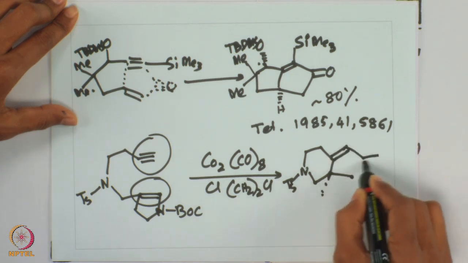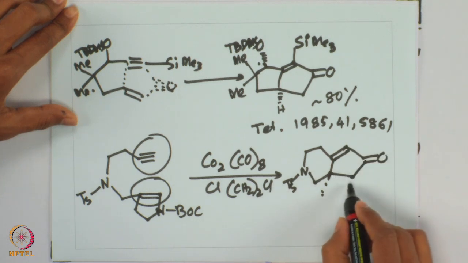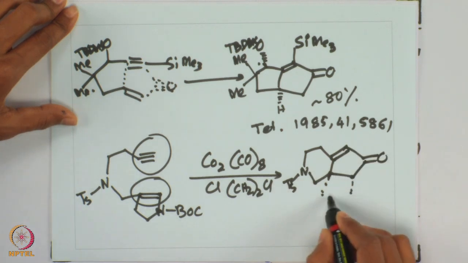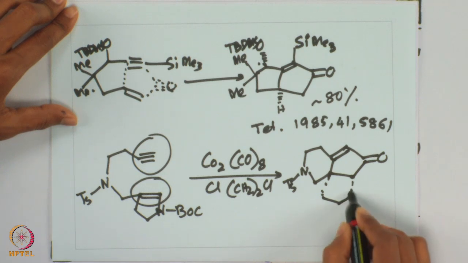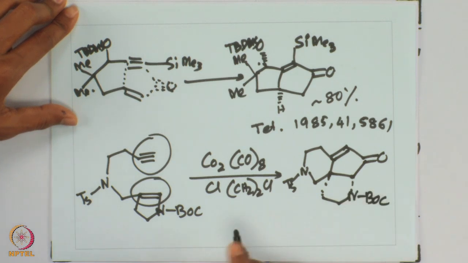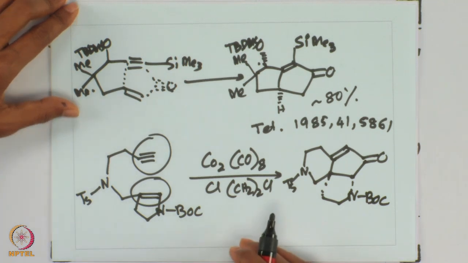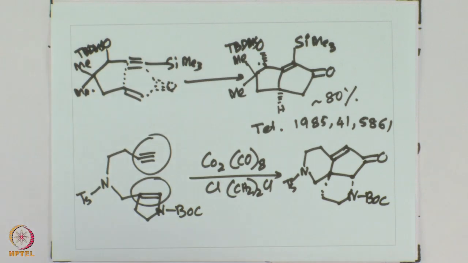So, the 5-membered cyclopentenone, and then your desired product is there in very good yield, nearly 60 to 70% yield can be obtained. Now, these are really powerful reactions for constructing the cyclopentenone kind of intermediate.